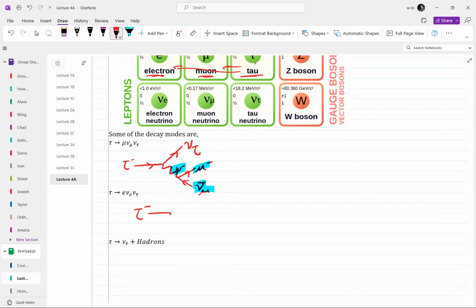If I just draw the same diagram, the W coming out, should have given myself a little bit more space. This could have been an electron and an electron neutrino, right? Those are perfectly valid also.